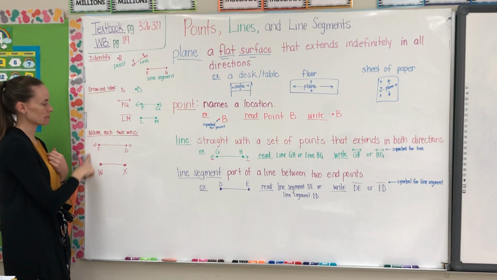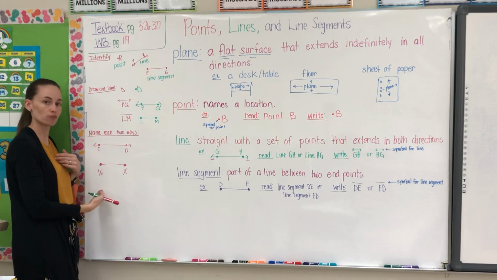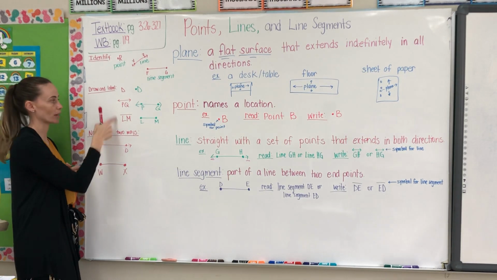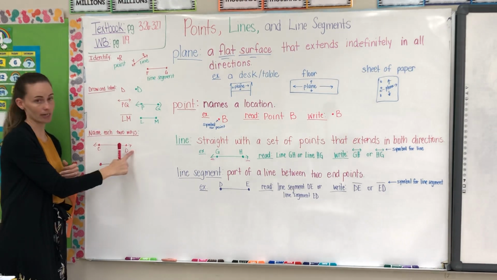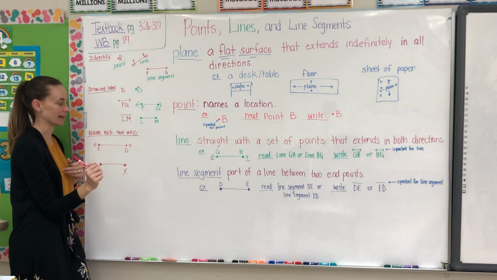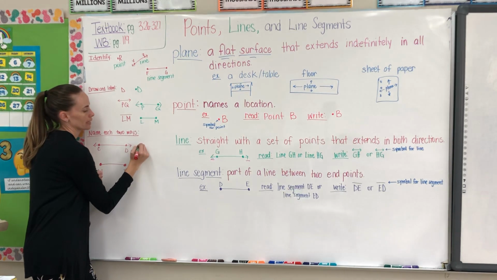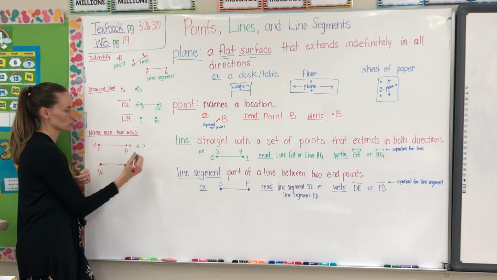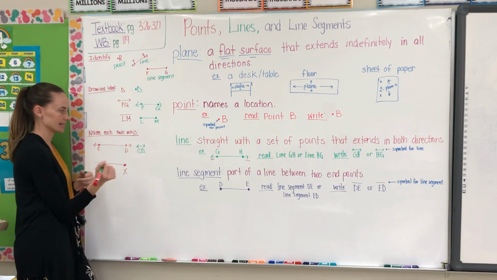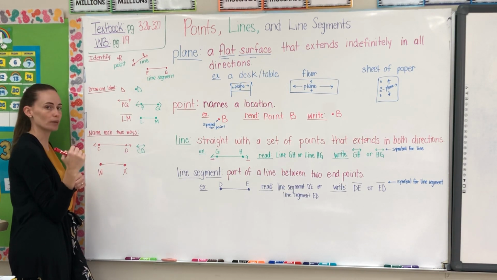Now if it says name each 2 ways, they will draw it for you, and they want you to write the name of it like this. So if we look at this one, it has arrows, so that tells us it's going to be a line, right? So we know we're going to have to draw the symbol for the line, the 2 little arrows, and our 2 letters, C and D. But they want it written 2 ways.